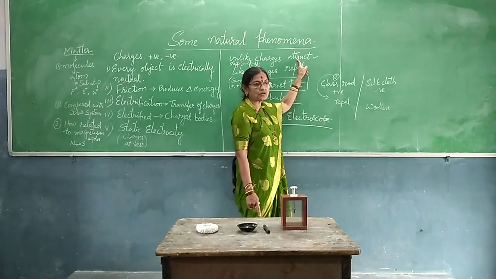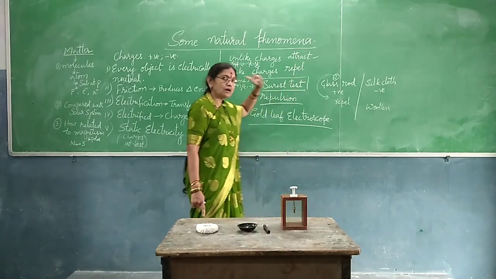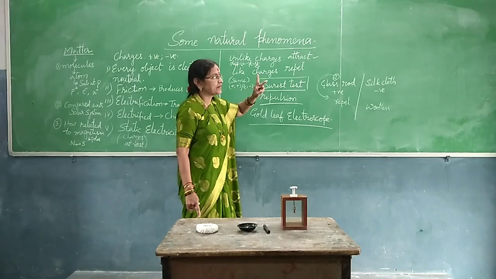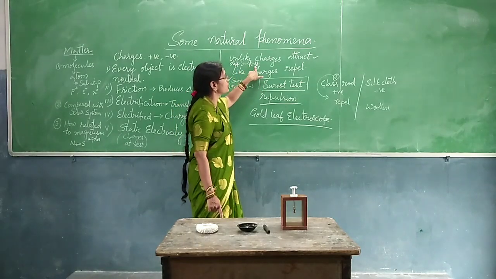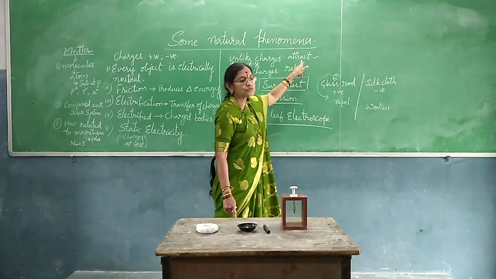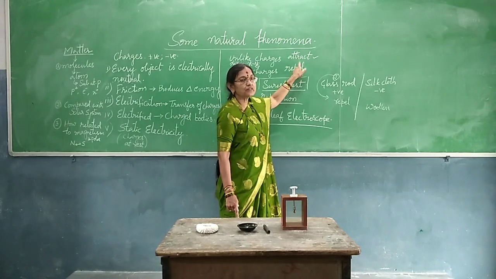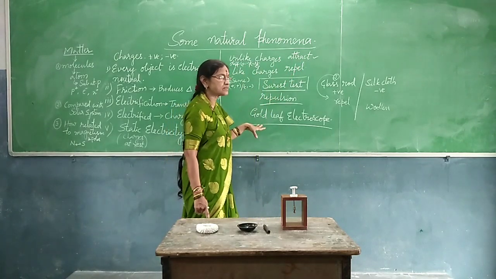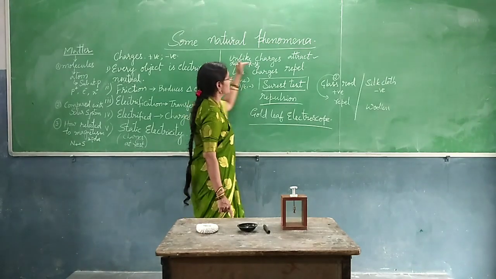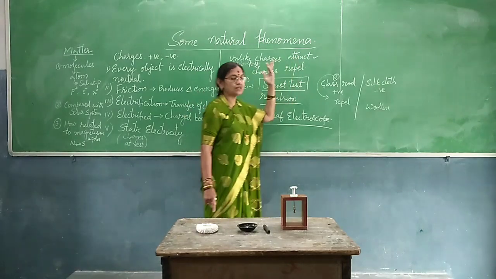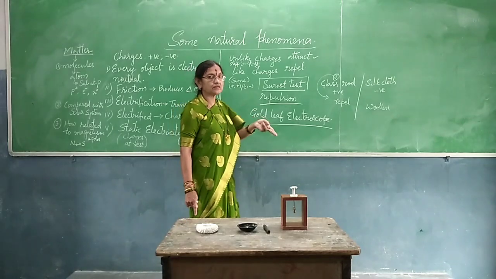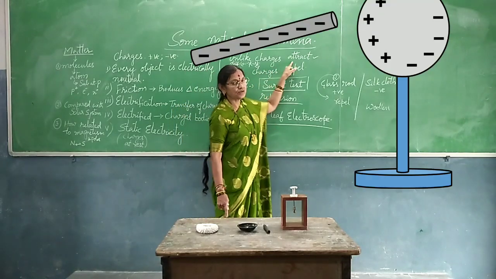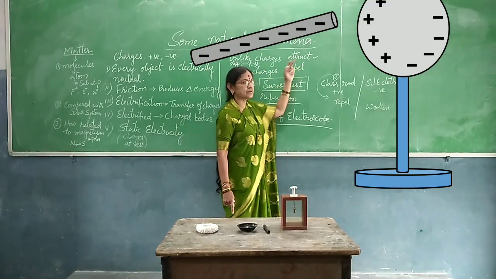When two bodies are charged and they are of unlike charges also, attraction is seen. So this is not the surest test. Whether both bodies are charged or not, we don't know. If both are charged and unlike charges, attraction is there. If one is charged and another one is not charged, attraction is there. So this is not the surest test.